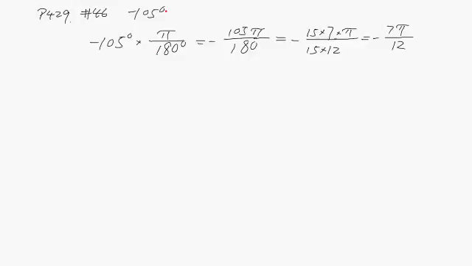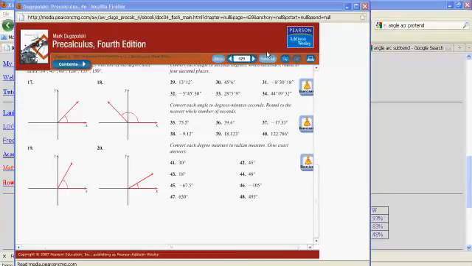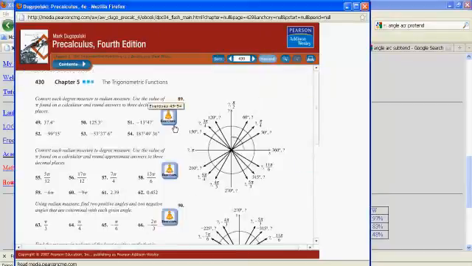Now, let's look at one more example, problem 62. It says, using radian measure, not this one, convert each radian measure to degree measure. Use the value of pi found on a calculator and round approximate answers to 3 decimal places.